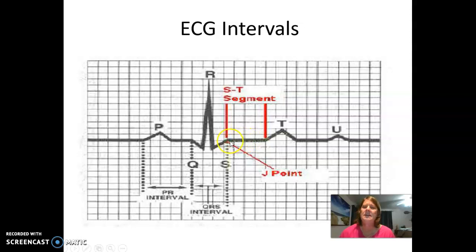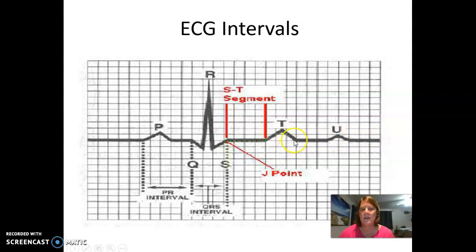Now, the ST segment is not a segment that you measure unless it's elevated or depressed. Then you would measure how much elevation you have or how much depression you have. But you always want to look at that ST segment from where that J point, where it notches and changes directions. And that ST segment should be flat. It should be isoelectric on this flat line of the waveforms.